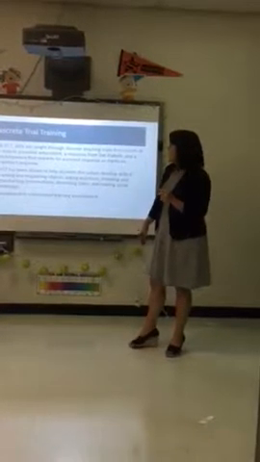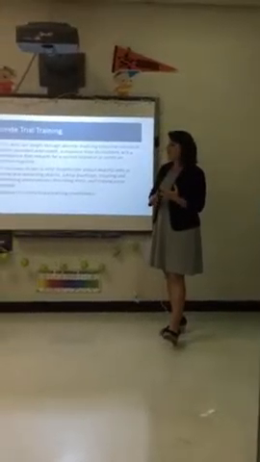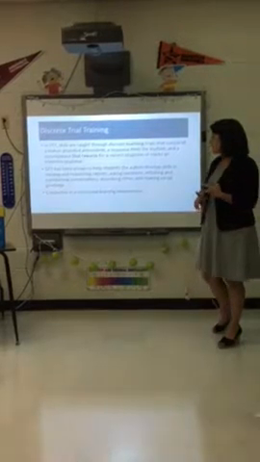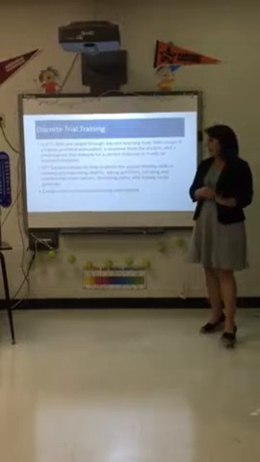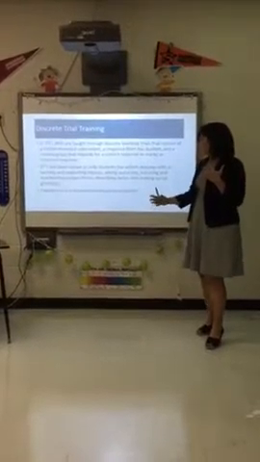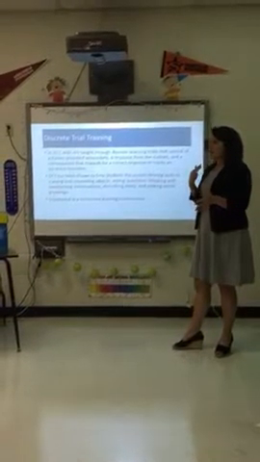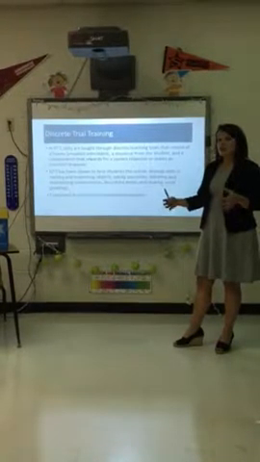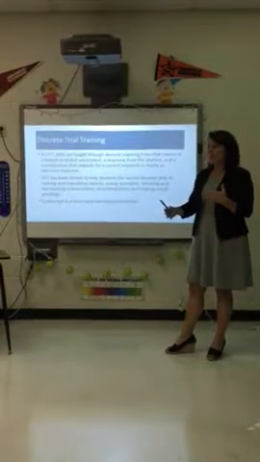Discrete trial training has been shown to help students with autism develop skills in naming and requesting objects, asking questions, initiating and maintaining conversations, describing items, and making social greetings. This training is conducted in a structured learning environment. That is one of the drawbacks of discrete trial training, that it is very structured and it is provided in a structured setting.